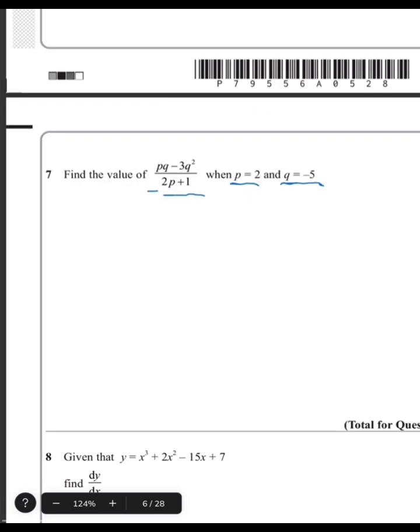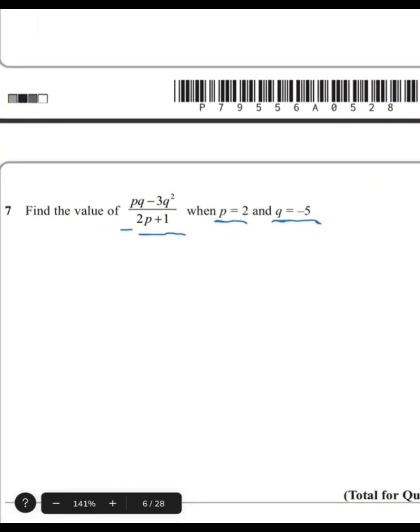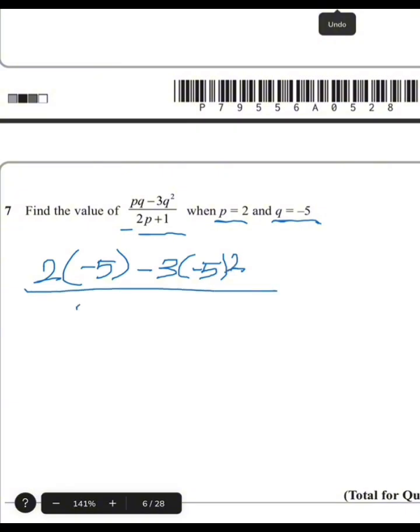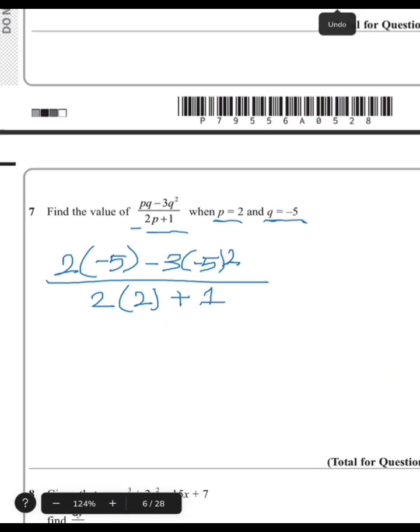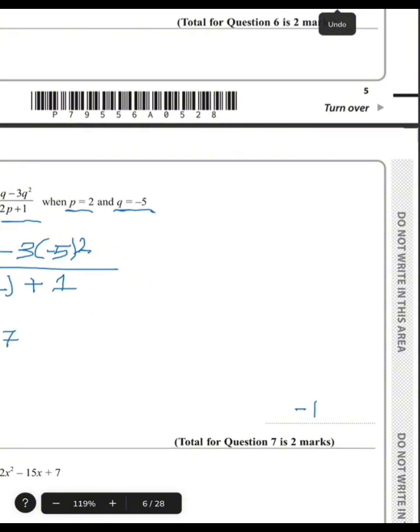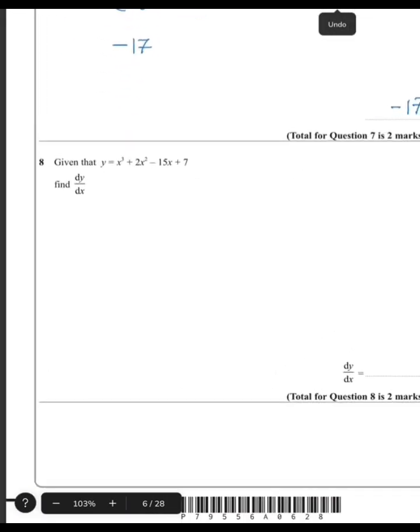For this, we're just going to place the values in the correct order and put it in the calculator. 2 times minus 5 minus 3 minus 5 squared, entirely divided by 2p plus 2p plus 1. If we put it in the calculator, we get the value of minus 17. Nice. Minus 17. That's it.